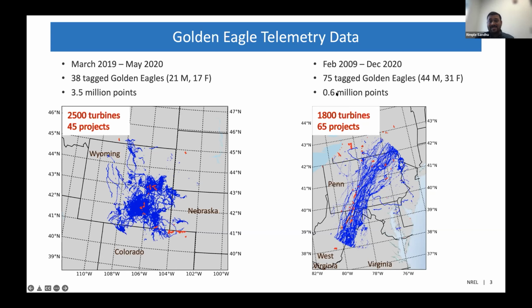That's why you see fewer data points, even though the time interval is longer. The data on the Western side is from newer GPS units that capture data at very high temporal resolution, like 3 seconds, 6 seconds. This is useful for us to build a model that can simulate golden eagle movements at that scale.